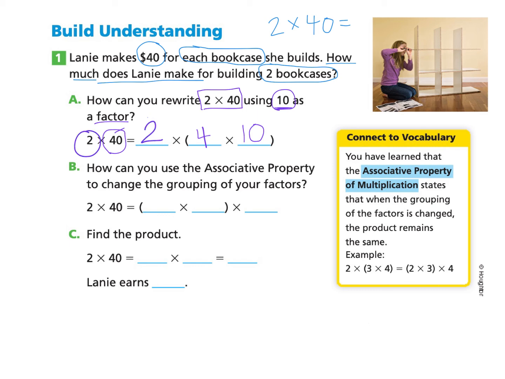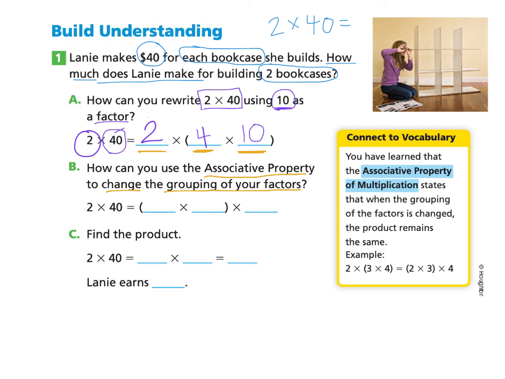Let's move on to Part B. How can you use the associative property to change the grouping of your factors? Well, we notice that our factors are 2, 4, and 10. Those are the factors that we created. And so we can regroup those by just moving the parentheses.